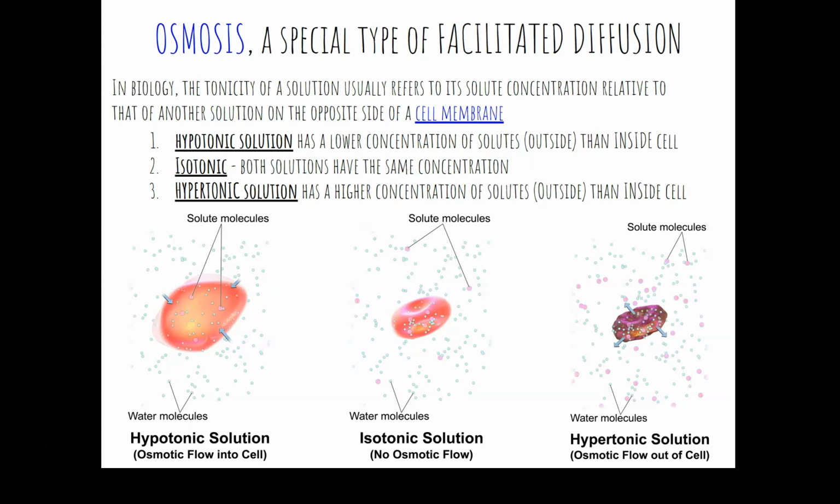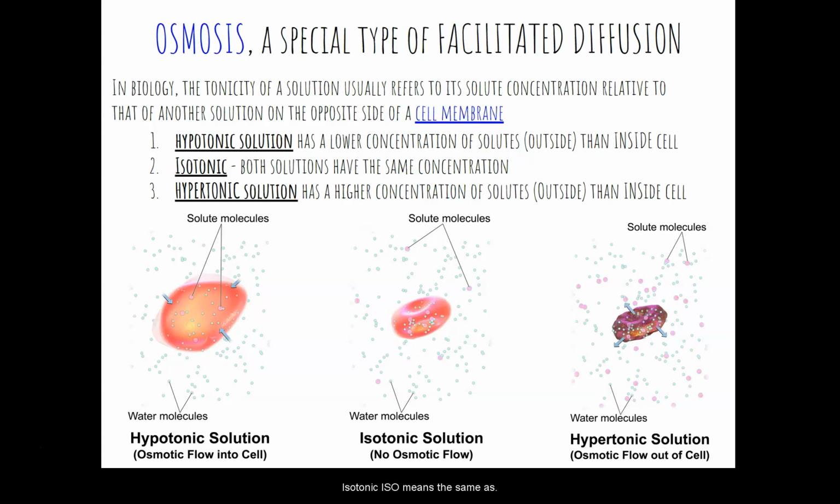And so if water is moving along its concentration gradient from a high concentration of water to a low concentration of water, it's going to be moving from inside of the cell to outside of the cell. You can think of it as trying to reduce the amount of the sugar outside, but it can't because those sugar molecules stay there.